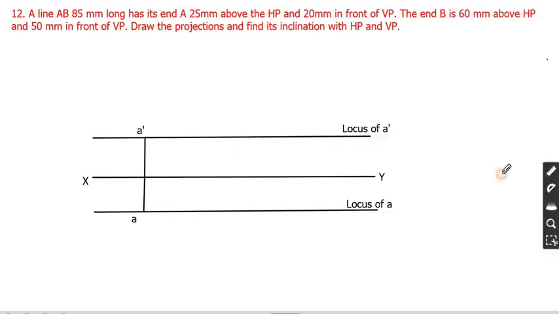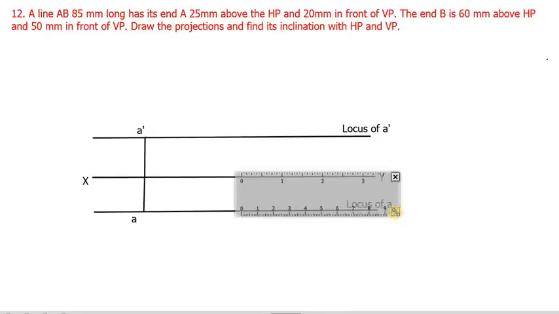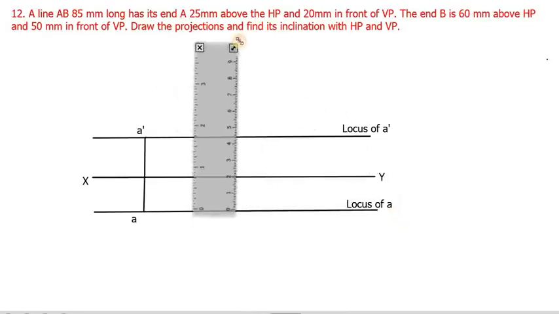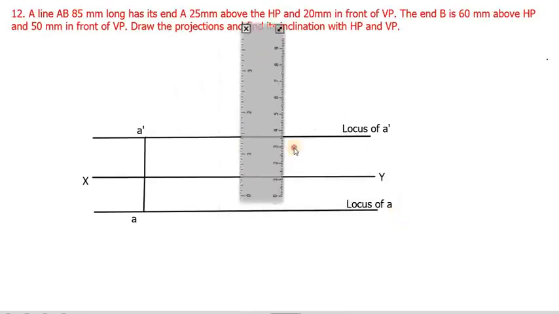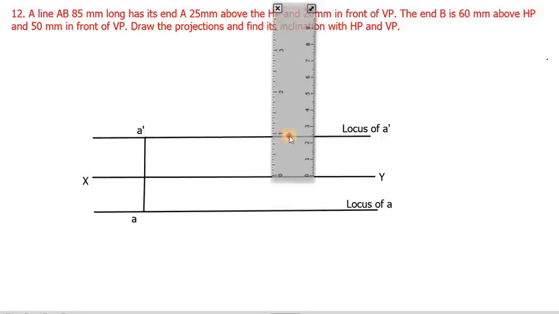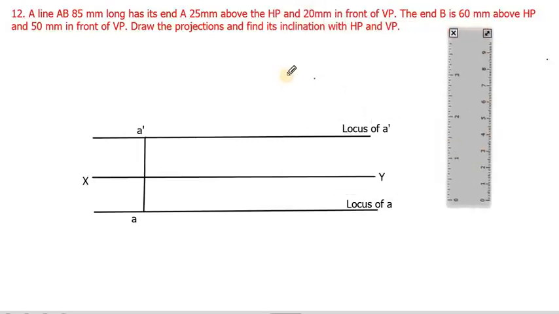So take the scale from XY, it must be 60 mm above. So it will be here. So mark the point. So this is not the point B1 dash or B dash. So this point will be the reference point so as to draw the locus of B dash.